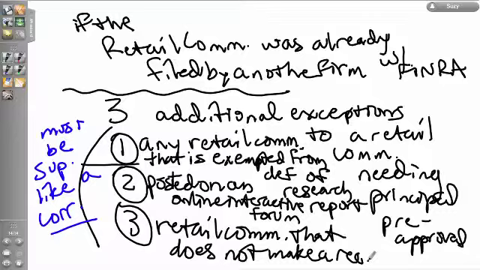NASD Rule 2711 defines research report. So we need to talk a little bit more here to understand this rule. A research report means any written, including electronic, communication that includes an analysis of equity securities of individual companies or industries, and that provides information reasonably sufficient upon which to base an investment decision.